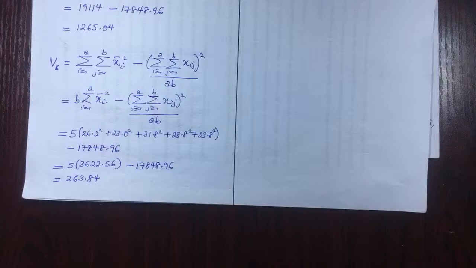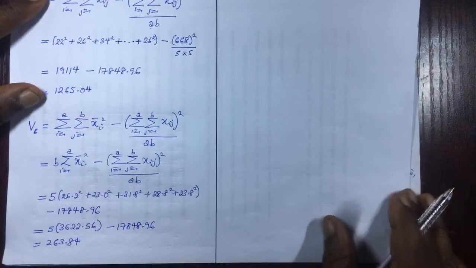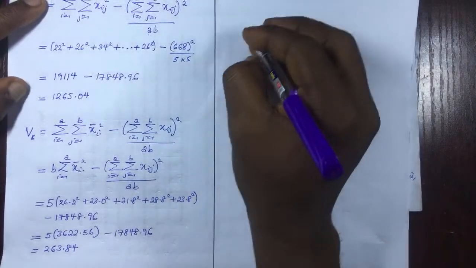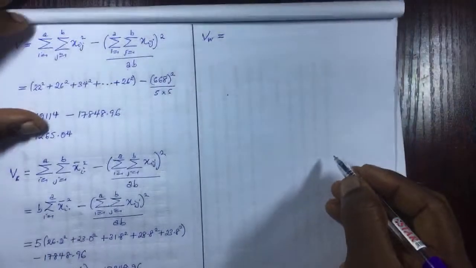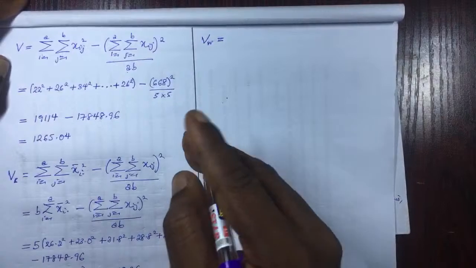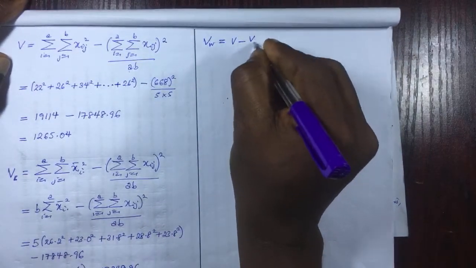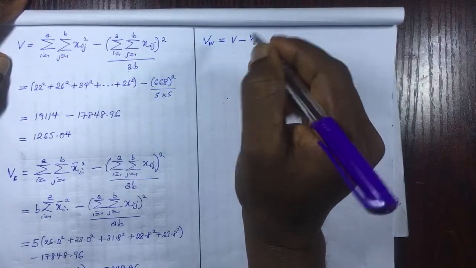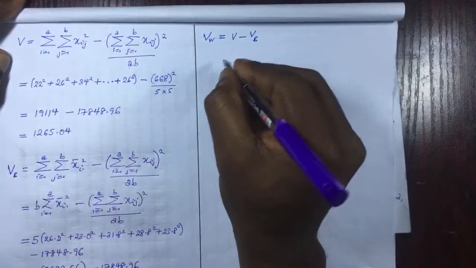Now, we are still under step 3. And remember, guys, step 3 is where you get the sum of squares. Now, I'm going to move over to getting my VW. So what is your VW? Your VW is the variation or the variance within treatment. And for you to get that, all you have to do is subtract your VB from your V. Remember, VB plus VW would amount to V, total variation.